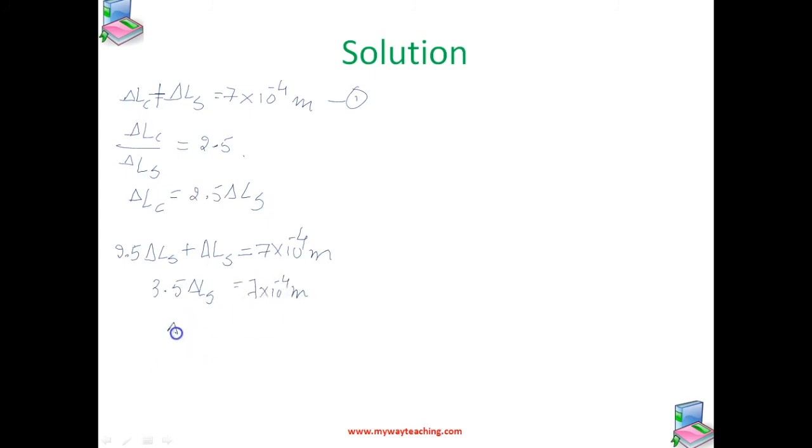We get delta LS equal to 2 into 10 raised to minus 4 meter, and delta LC is 5 into 10 raised to minus 4 meter.